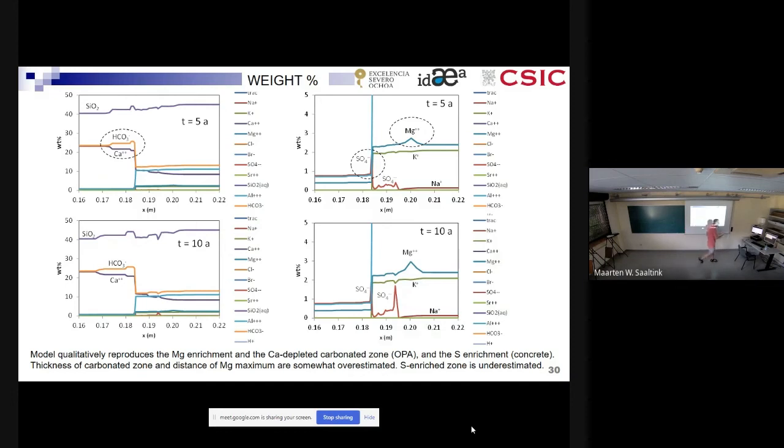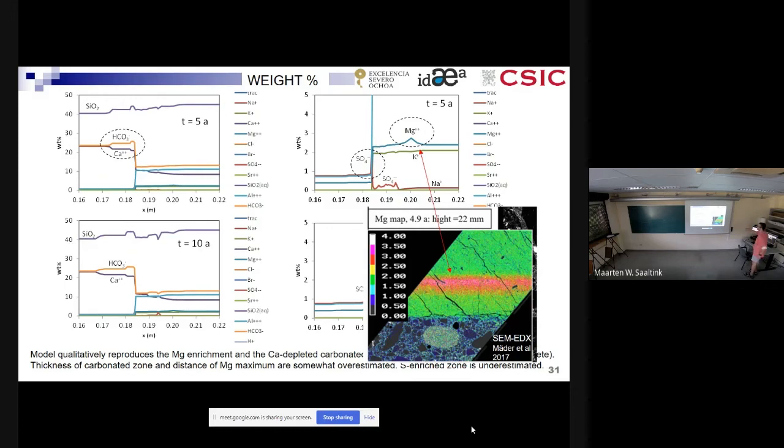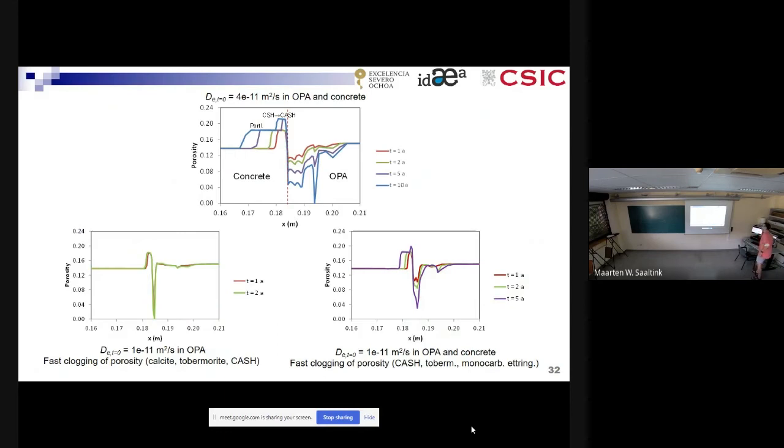So what I tried was, this already shows the evidence for the magnesium maximum that couldn't be explained. This is the same calculation I showed you, but now I tried a calculation with an initial diffusion coefficient of 10 to the minus 11, so 4 times smaller, just on the Opalinus Clay side, or on both sides.